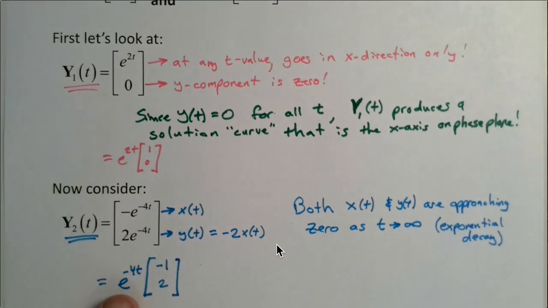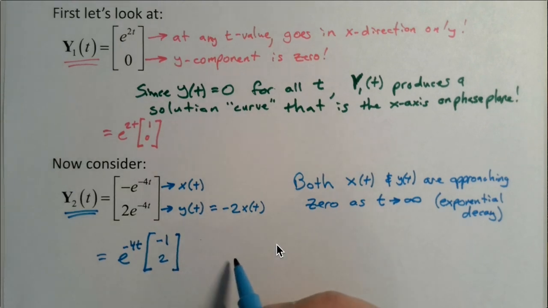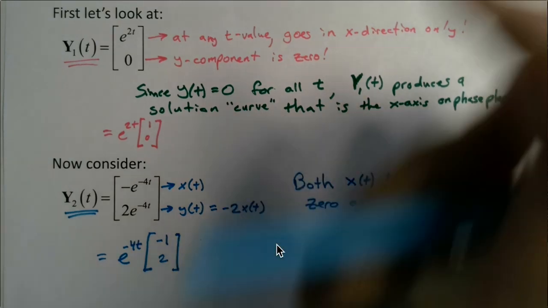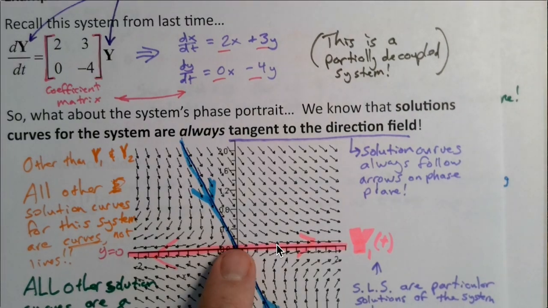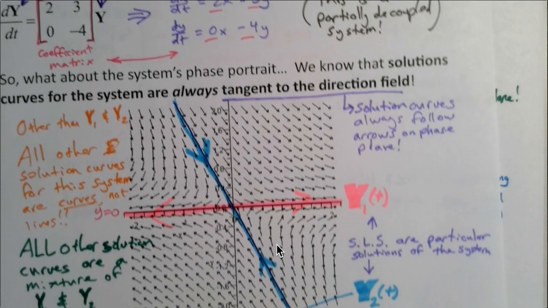And this one is saying it follows exponential decay along, well, it's not an axis, but basically this is the direction left 1, up 2. And if you think about it, left 1, up 2, that's going to produce a downward line like that. And sure enough, that is exactly what we're seeing here. This is left 1, up 2, or y equals -2x.